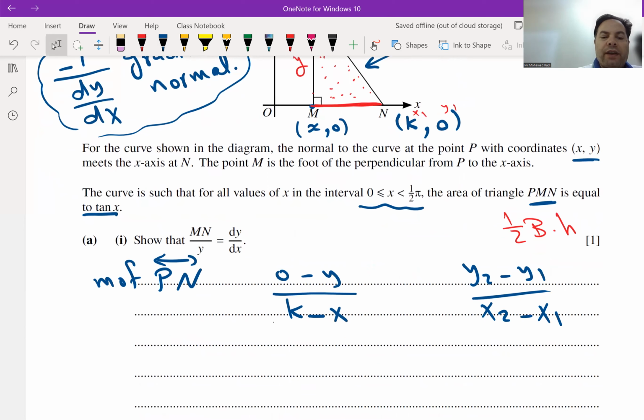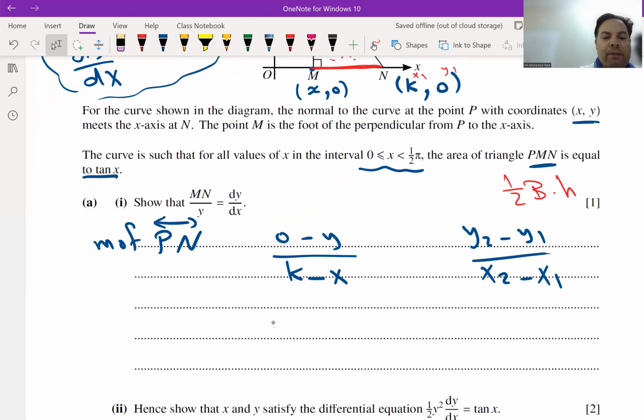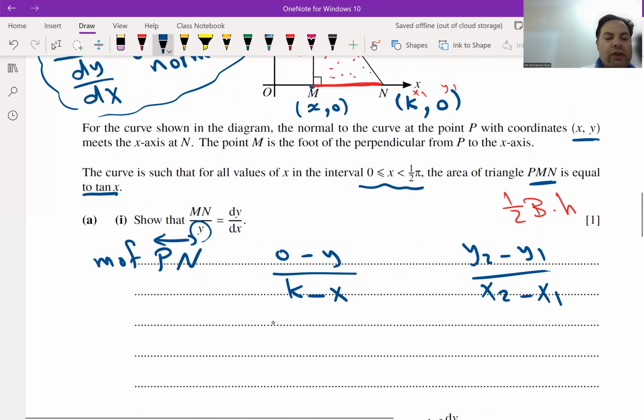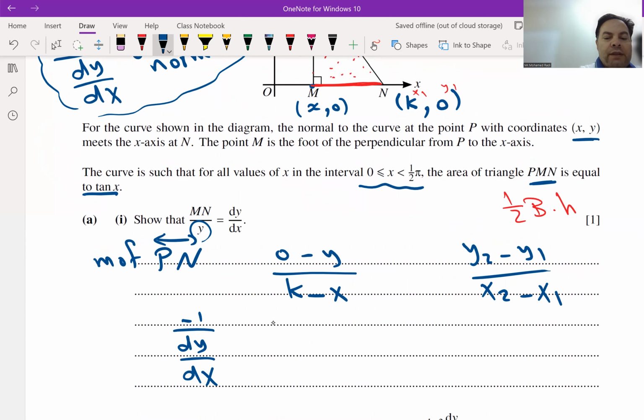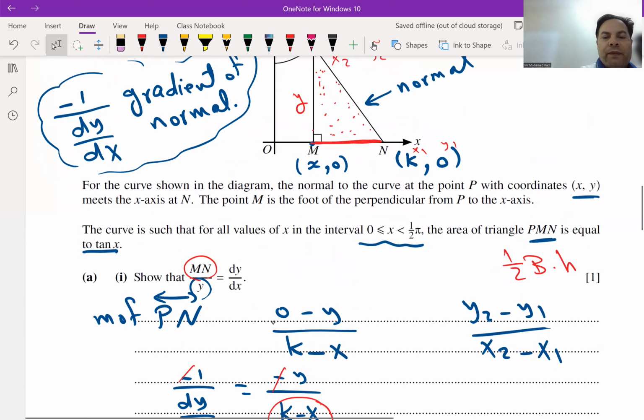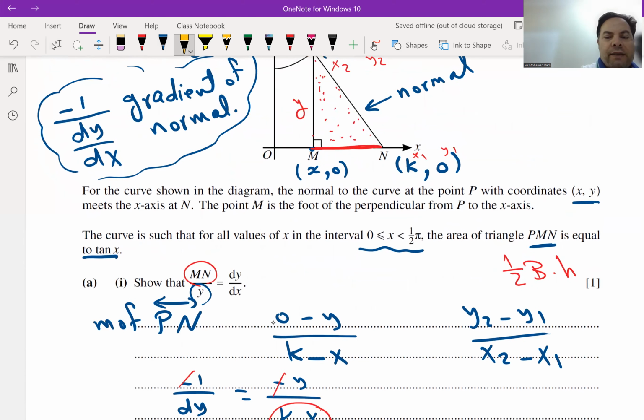After finding the gradient, we want to connect between y, the length of MN, and dy by dx. So if we equate the two gradients, negative 1 over dy by dx is equal to minus y over k minus x. You can cancel negative with negative. What is the relation between k minus x and MN? Is it the same? Yes, the same. The length of this line is k, and the length of this line is x from the coordinate.